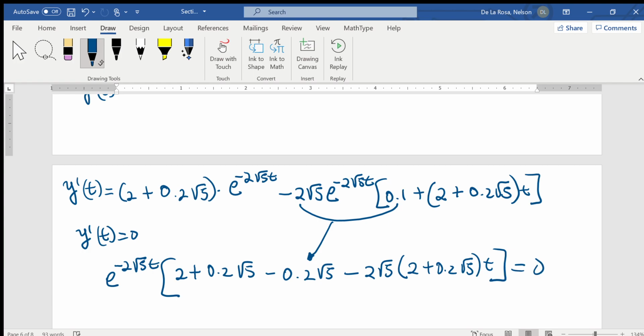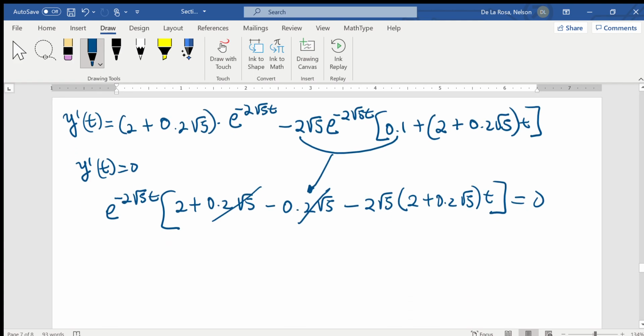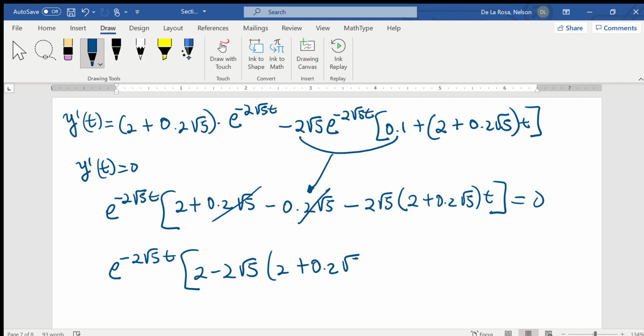So these two things cancel. So we have a new expression, which is e to negative 2 square root of 5 t times 2 minus 2 square root of 5 times 2 plus 0.2 square root of 5 t equal to 0.